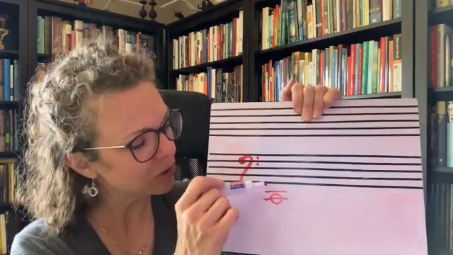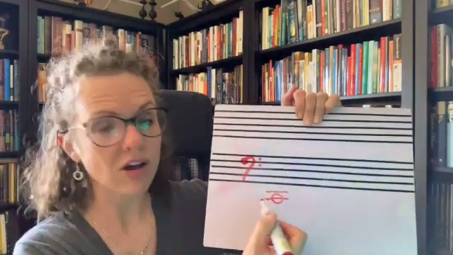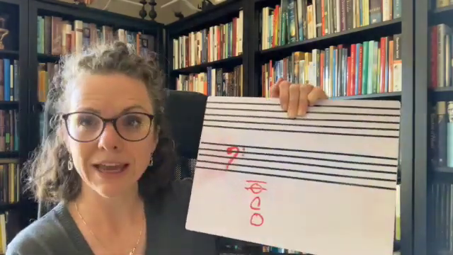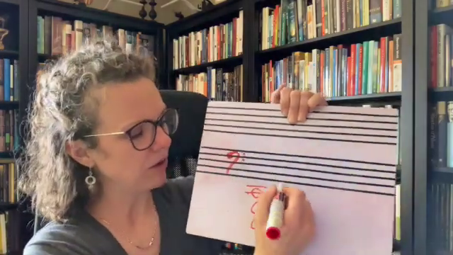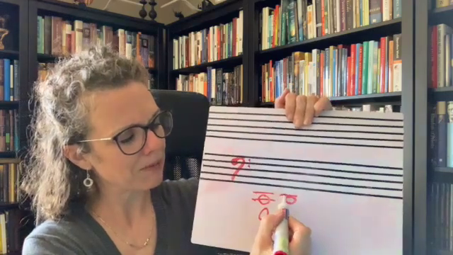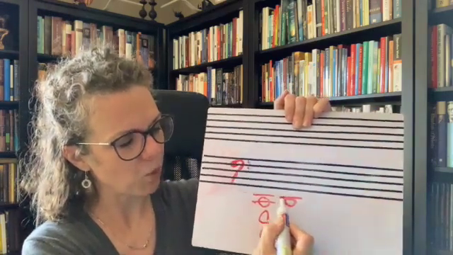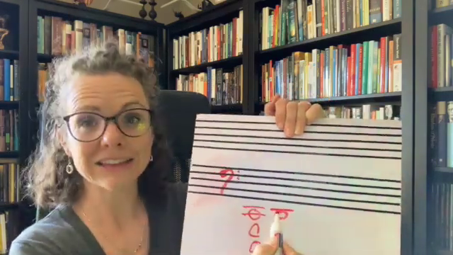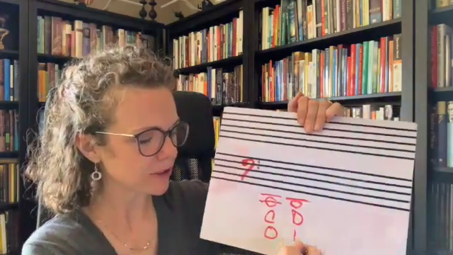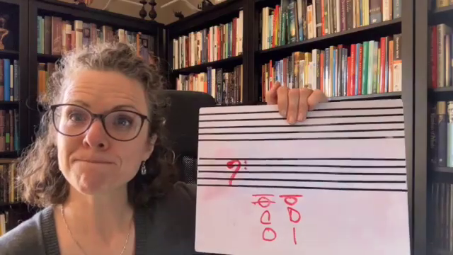We draw 2 ledger lines under the staff, and then the note is on the line. This is your open C string, okay? Stepping up a note, it's a space note, but because it's a space note, you just draw 1 ledger line and then it hangs down from the ledger line. That is D, first finger, okay?